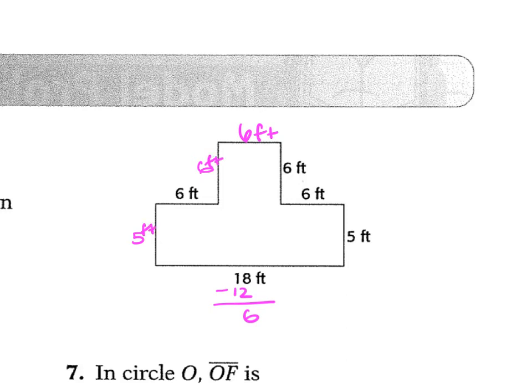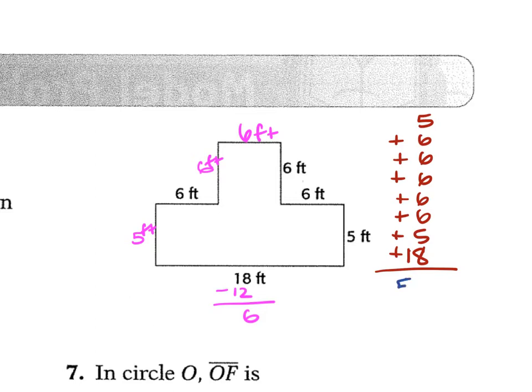So to add these, we're going to have 5 feet plus 6 plus 6 plus 6, plus 5 plus 18. So when we add all of these up, we get 58 feet.